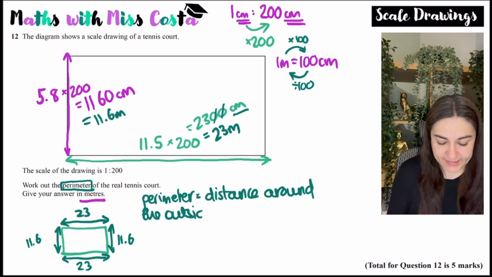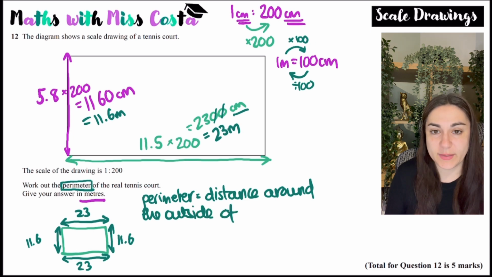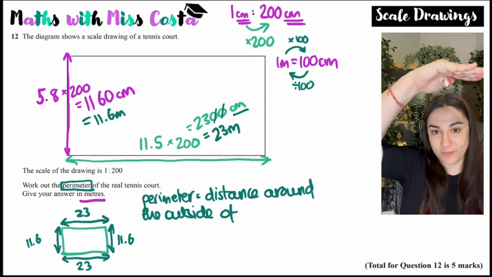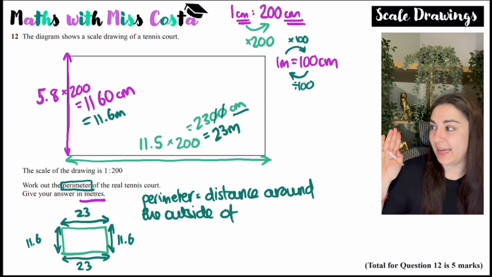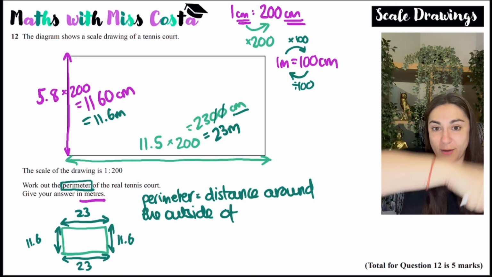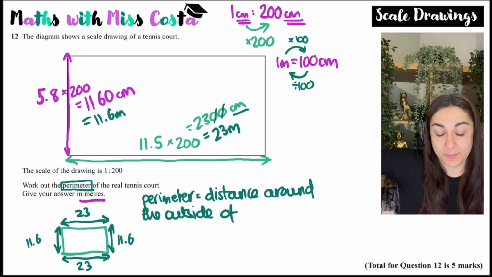You might have heard the phrase walking the perimeter, which is where prison guards literally walk around the perimeter of the prison, i.e. they cover the whole outside to make sure that nobody's escaping.